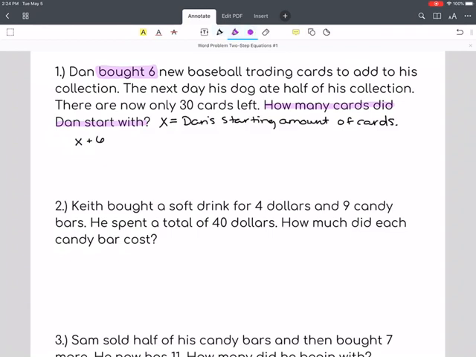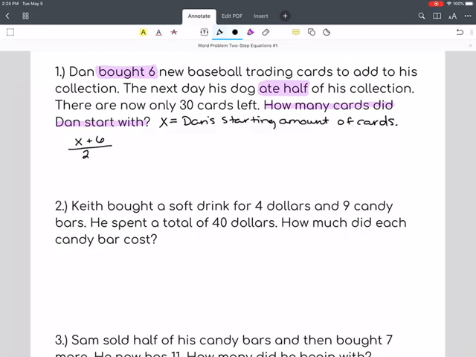I sure hope that's never happened to you. If an animal eats something, are they getting more or is it going away? In this case, eating half his collection means it went away. And half means whatever you start with, you divide it by 2.